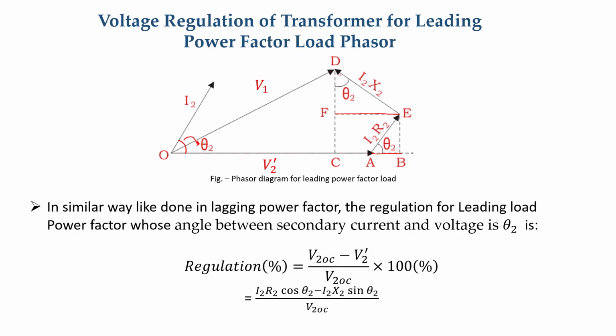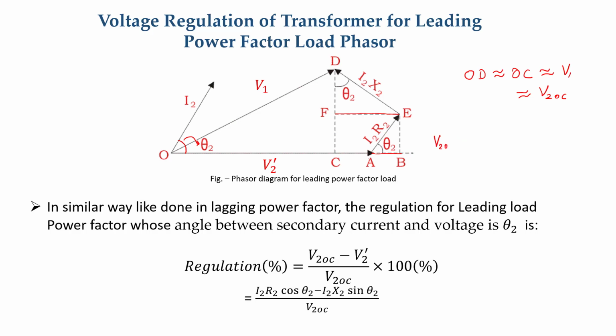So the difference, this OD, is again approximated as OC. That is, V1 equals V2 OC, the open circuit voltage. So this is the approximation we do here. And with that, the difference between V1 and V2 dash is simply equal to CA.